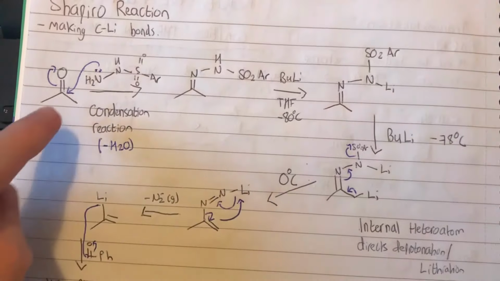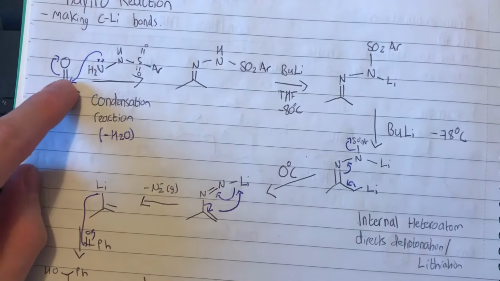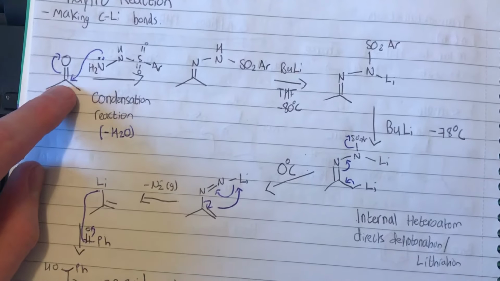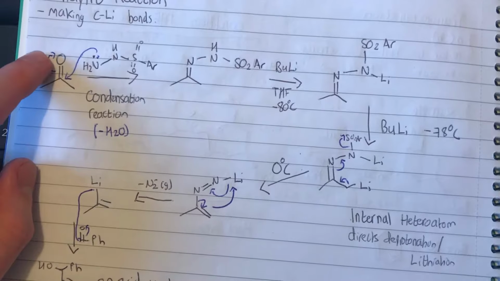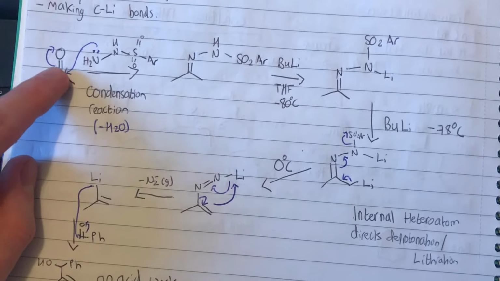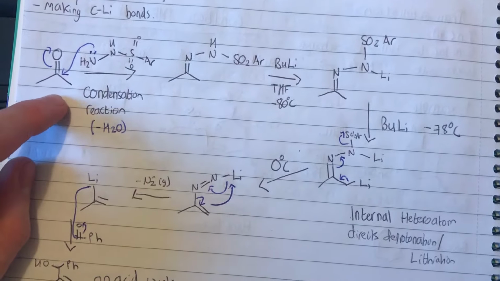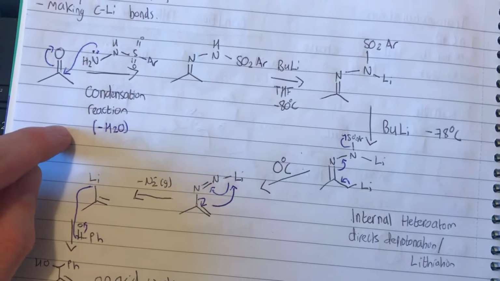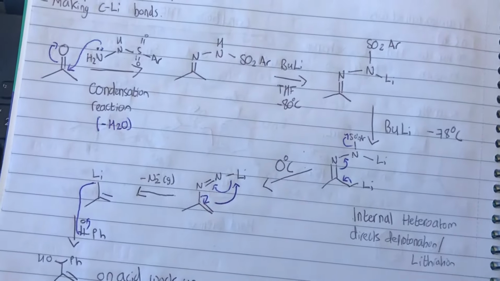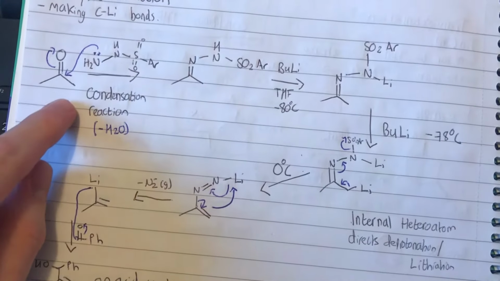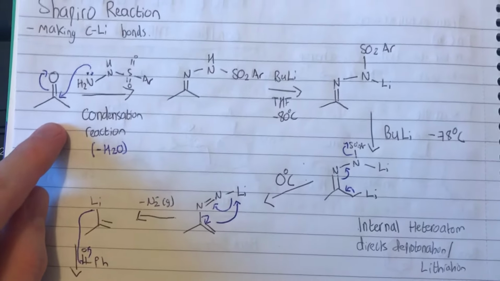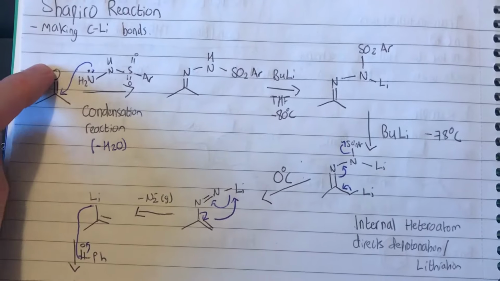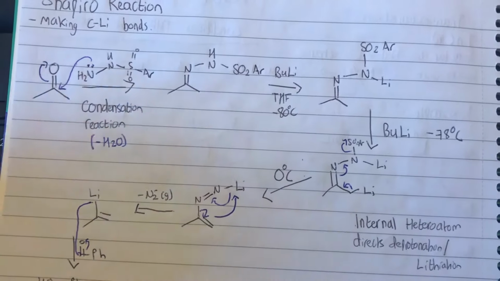So the nitrogen attacks there. I've done the first step already. The nitrogen attacks and pushes the electrons onto the oxygen. The nitrogen then forms a bond here. Nitrogen, it's got 2 hydrogens on it, and the R group. We go through a proton transfer because the nitrogen is positively charged, it's 4 coordinated, and that goes on to the oxygen.